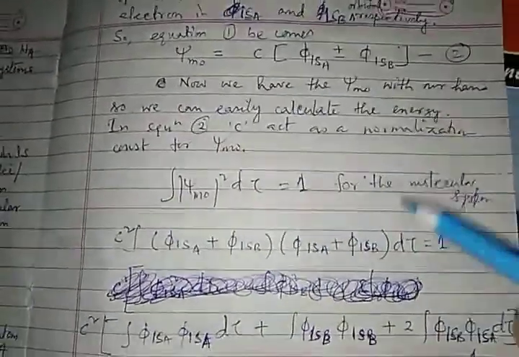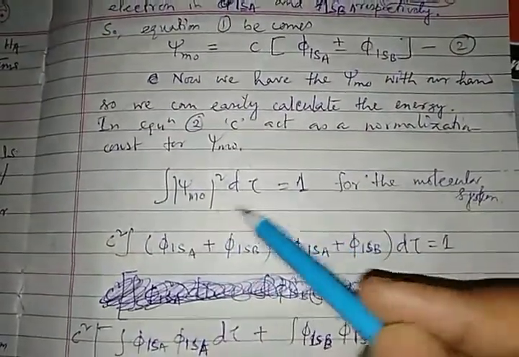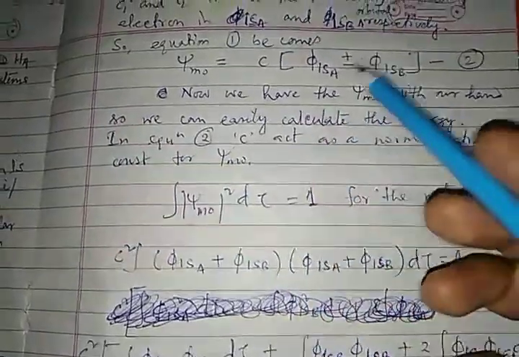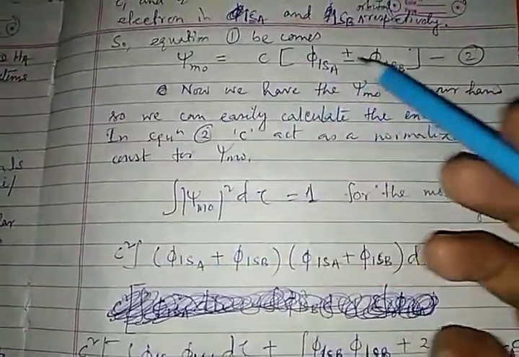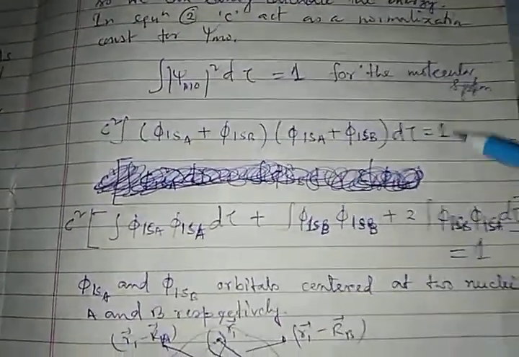Okay, that is one thing. If you can ignore this, just remember that the integration of psi-MO square d tau will be 1. Now in place of psi-MO you put the plus combination, the additive combination, then we have this type of relationship which will be equal to 1.